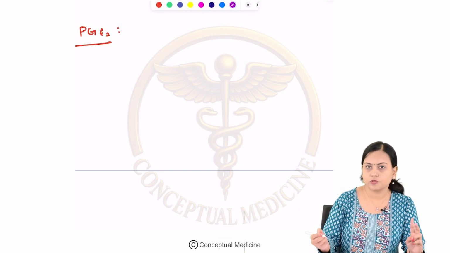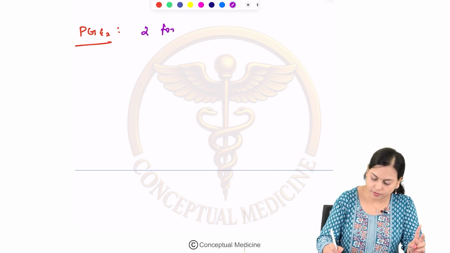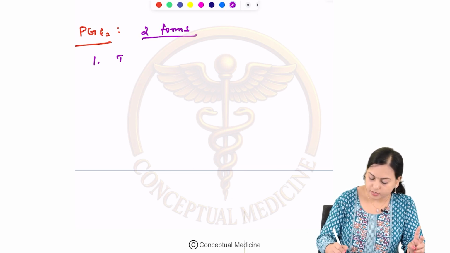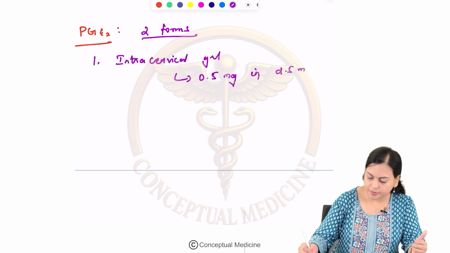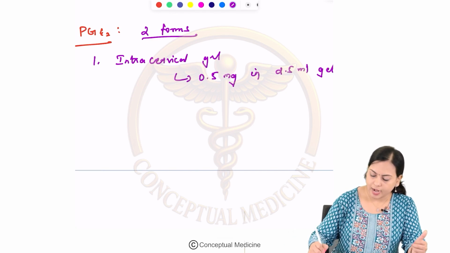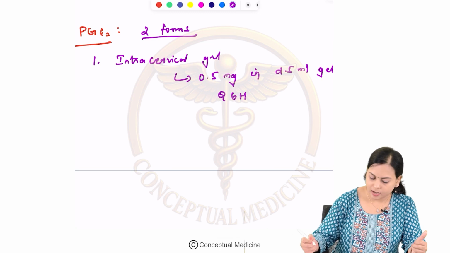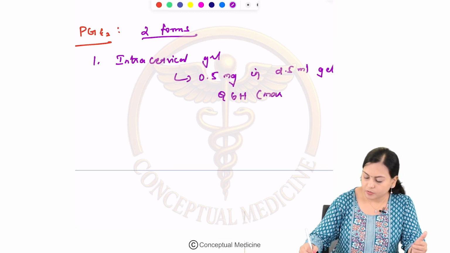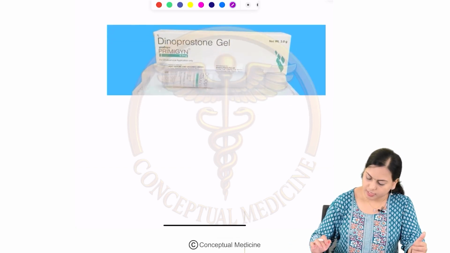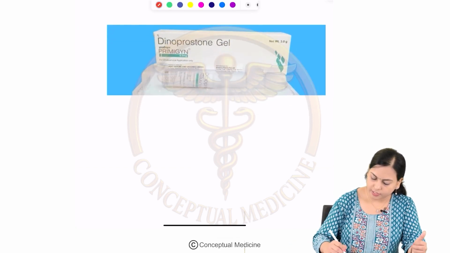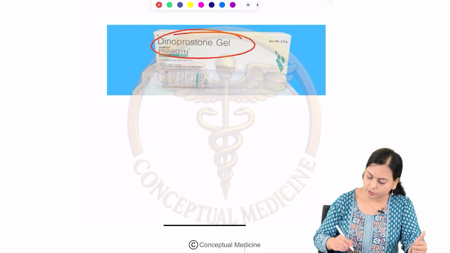Here you have 2 forms available. Number 1, it can be an intracervical gel, which is available in the dose of 0.5 milligram in 2.5 milliliter of gel. This can be given every 6th hourly and maximum you can give 3 doses. So, this is an example of the gel form, available as dinoprostone gel.